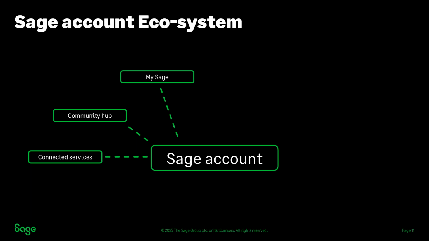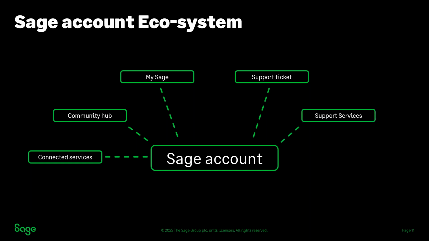It might be that you access My Sage, where you access your Sage invoices for your Sage products. It might be that you've raised a support ticket with our report design team or our Excel team. Or it might be that you've used our support services for data corruption and you've needed a data repair by one of our specialist teams.